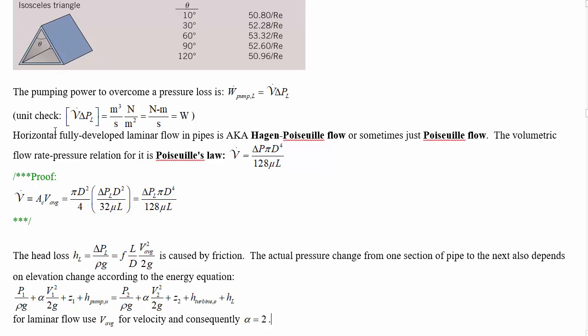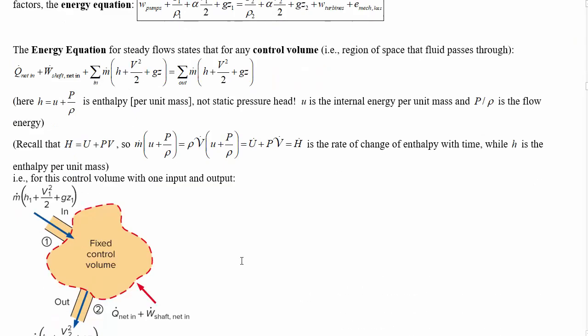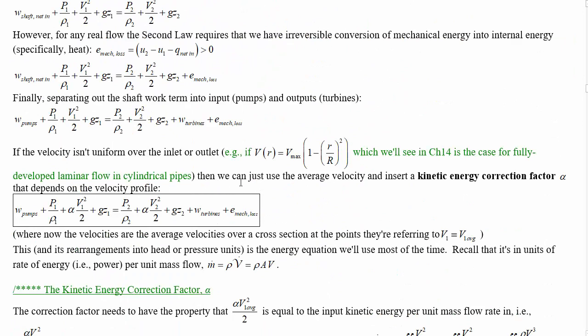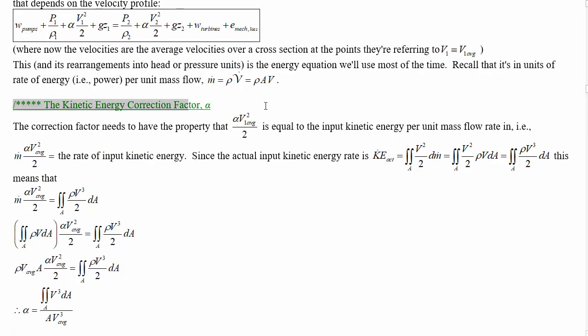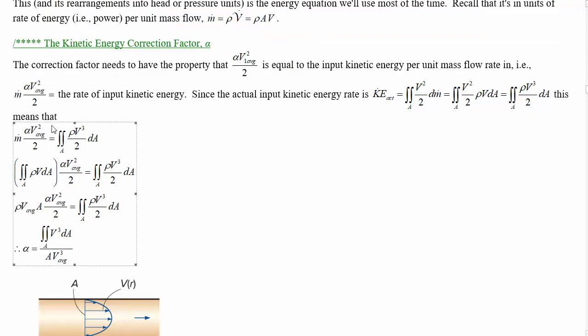We can actually do that if you want. So let's go back up here and check out the energy equation. Back when we were deriving the kinetic energy correction factor alpha, I think the version that I had in the notes earlier was missing this A term on the bottom. It's all defined so that the kinetic energy calculated using the average velocity, which would be mass flow rate times alpha V average squared over 2, as long as you have the correction factor, should equal the kinetic energy actually, if you were to integrate.